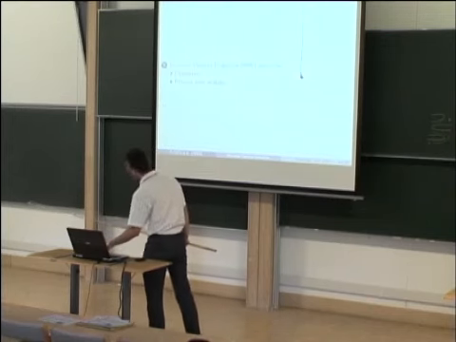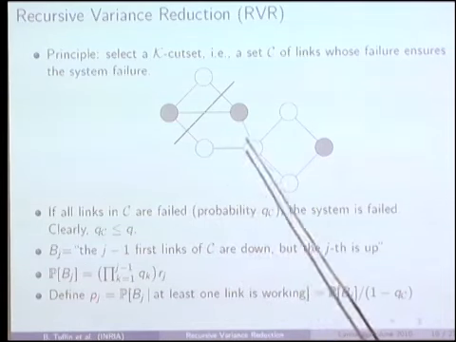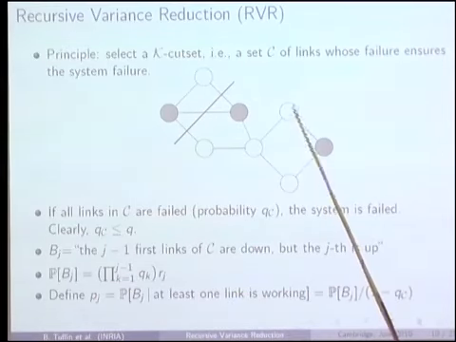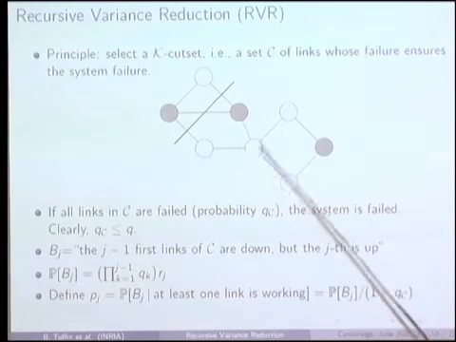Okay, so now the recursive variance reduction method. Just consider this small example as an illustration. The basic idea is that from a topology, a graph that we have, we select a K cut set, which is a set of links such that if no link in this cut set works, then the network is not connected anymore.